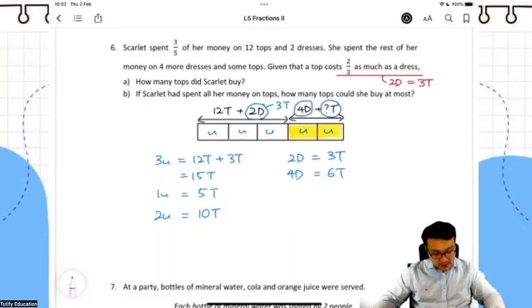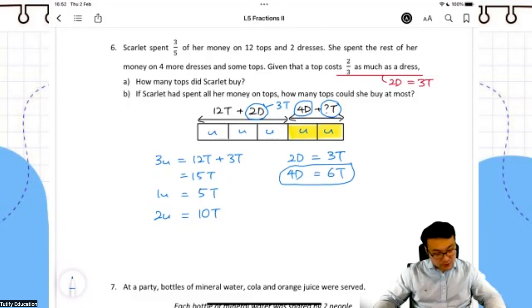Okay, so Abby, I managed to find out that 2 units is 10 tops, right? That means the yellow highlighted units represent 10 tops. I also managed, 1 unit is 5 tops. Yes, that's true. But what's more important is the 2 units. Okay, so 2 units represent 10 tops.